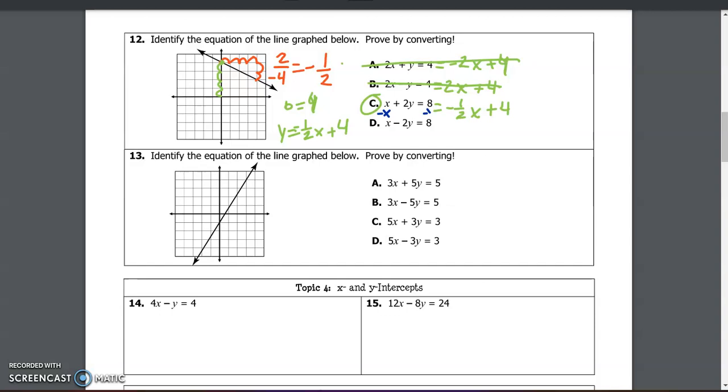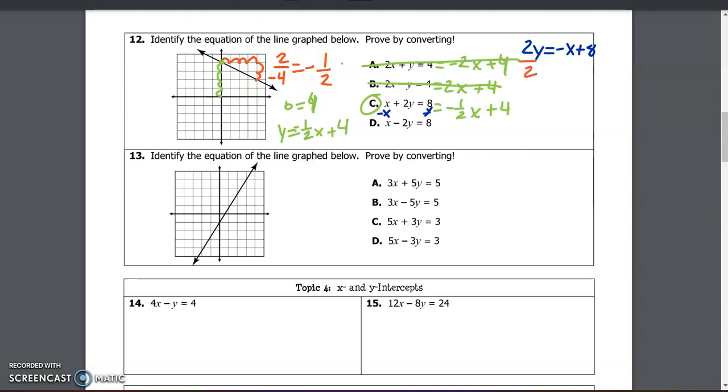All right, so if we subtracted that x from both sides, now we would have 2y equals negative x plus 8. Okay, and then we would just divide everything by 2.